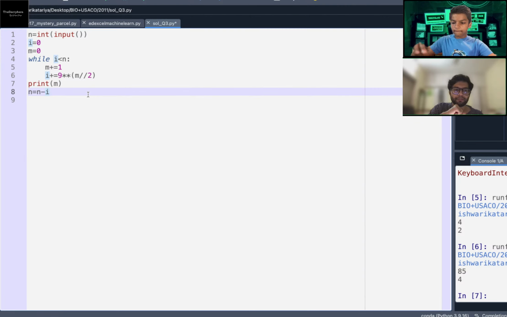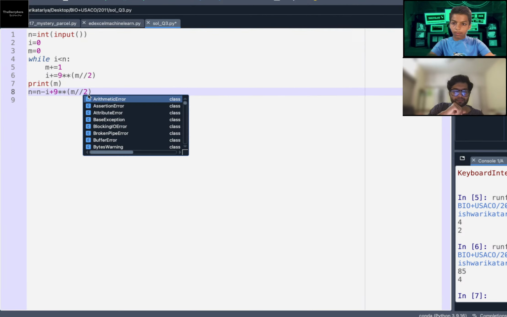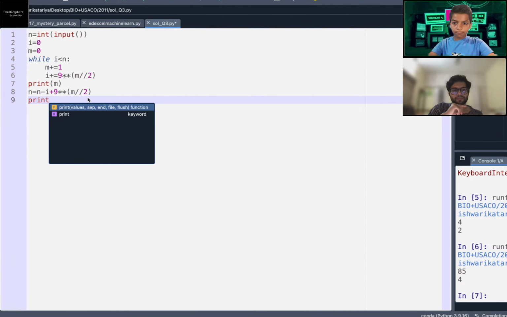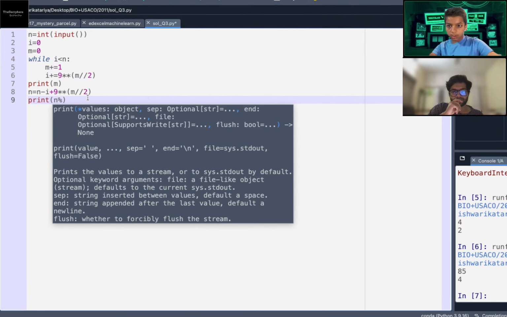So you need to add 9 to the power of m to it. 9 to the power of m. Okay, so let's first print out n mod 9.